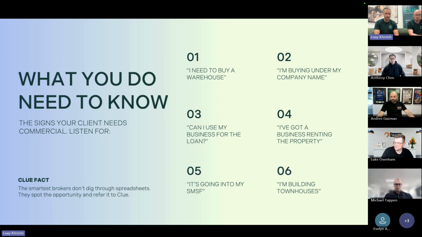These are going to be classified as commercial loans. I'm putting it in my SMSF, or I'm building townhouses. These are all conversations where your client is trying to tell you that what they need is for a commercial purpose. Triggers for that conversation.